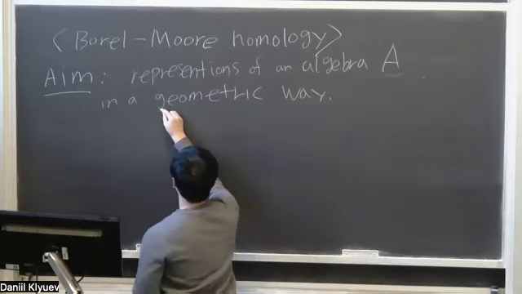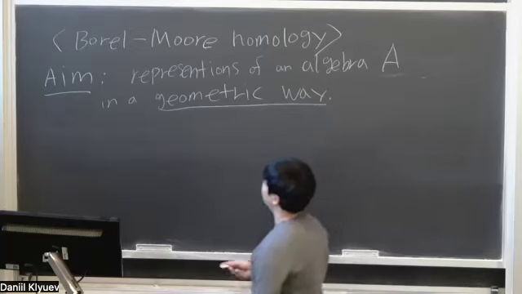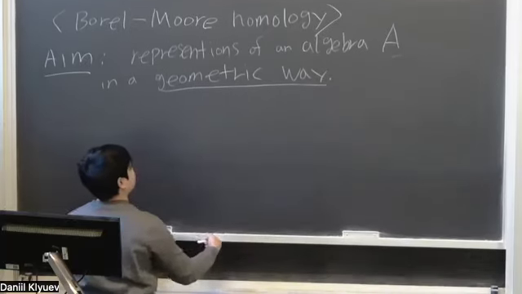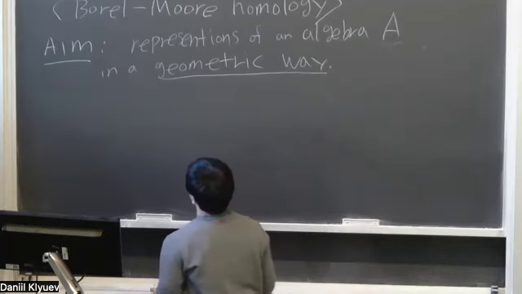And geometric way means we want to identify such an algebra as geometrically popping out objects.